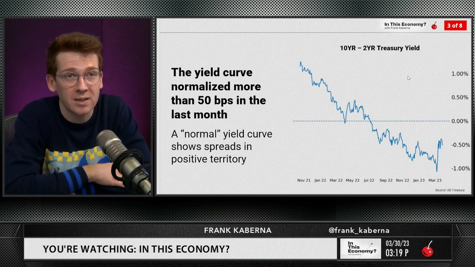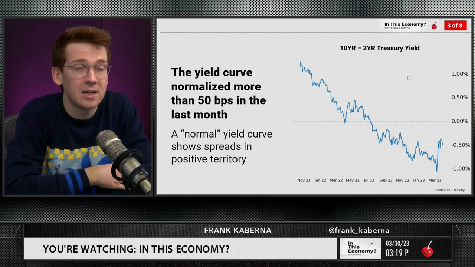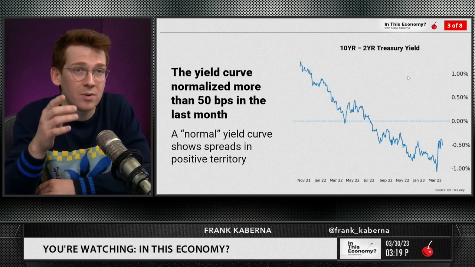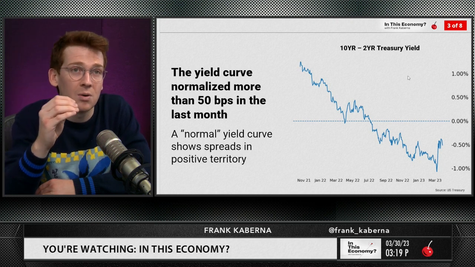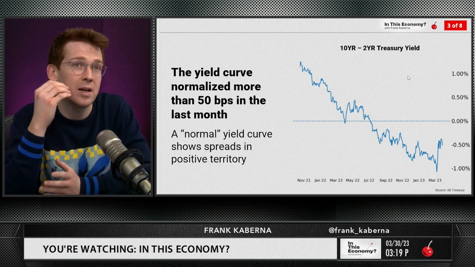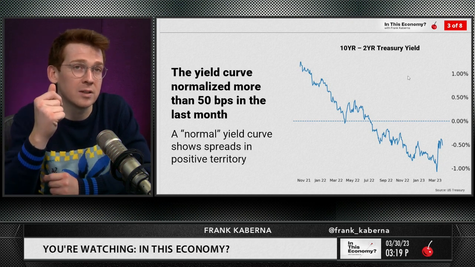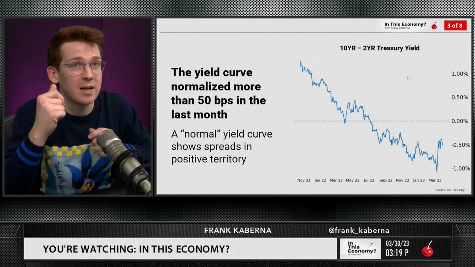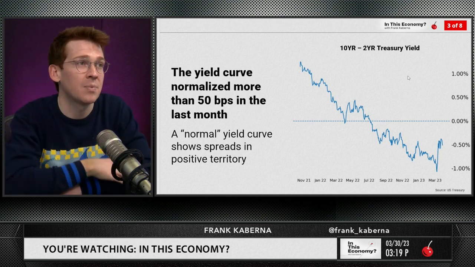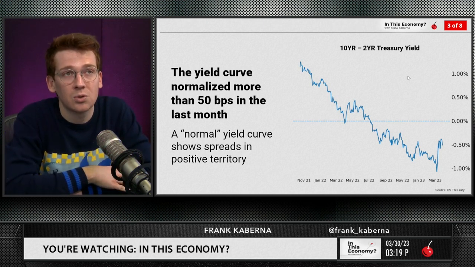You can go back and find the segment that we did in the first or second week of March there, where the inversion was down below a full percentage point for just a trading day or two. And we've normalized very quickly 50 basis points. And now we're 50 basis points away from a normal curve, which would be in positive territory.